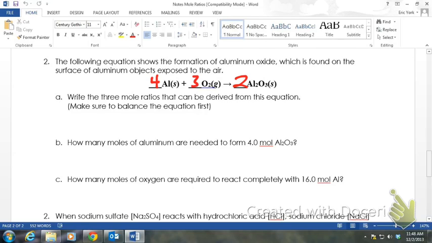Part A says write the 3 mole ratios that can be derived from this equation. So the first mole ratio that we're going to do is going to compare those two together. Okay, so we're comparing these two right here, 4Al and 3O2. So we simply write it 4 moles of Al.